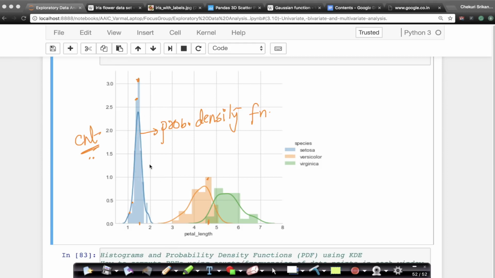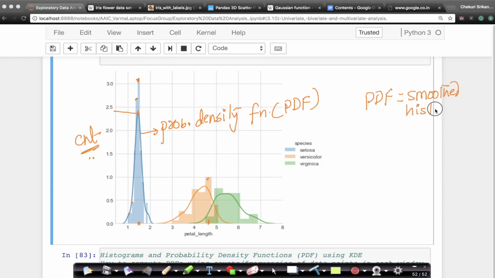So if I take this value, your blue line tells me roughly the number of points that I will encounter here. Then you might say this value and this value differ. So the dark blue line that you see, which is called the PDF, is a smoothed form of your histogram. We will understand PDFs in more detail when we learn statistics and probability. But for now, just remember that a PDF is basically a smoothed histogram.